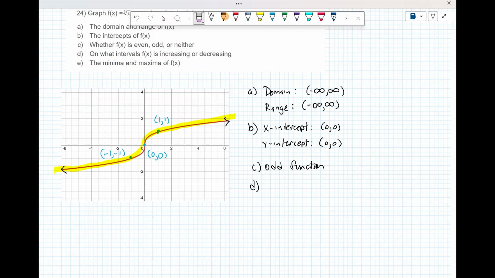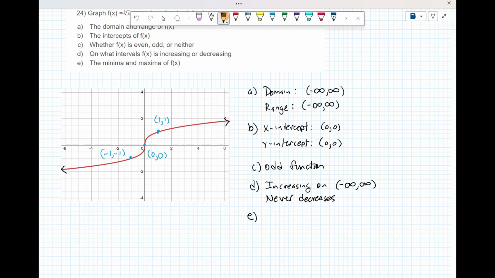So let's actually write that out. So this is increasing on the interval -infinity to infinity. So in other words, it's constantly increasing and it never decreases. The maxima and the minima, again, there is no absolute maximum or no absolute minimum.